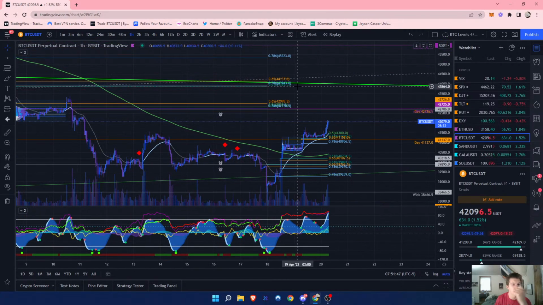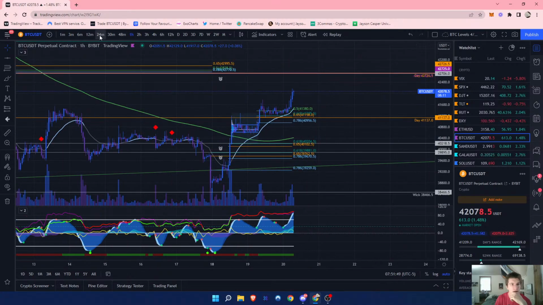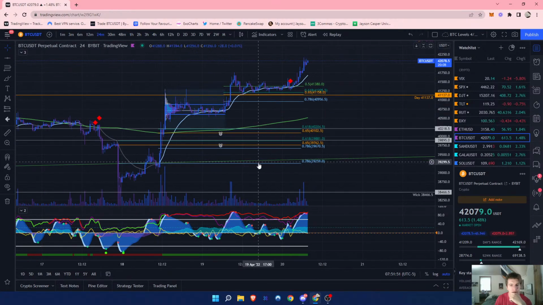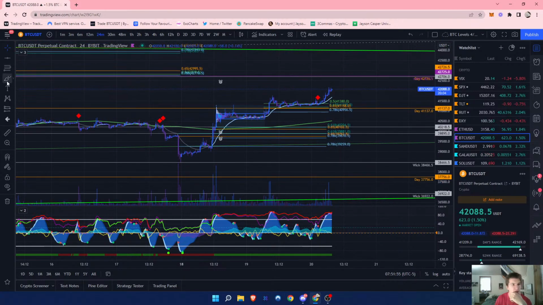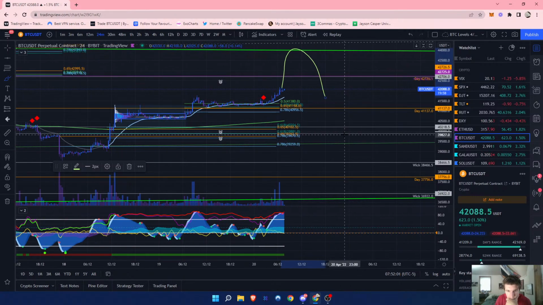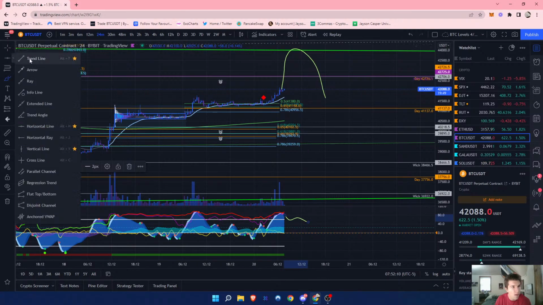Anyways, here's short number 2 I'm looking at. This could be more of a day trade, so 24-minute. It is up there a ways, so what I'm looking at is, of course, price coming up, rejecting, and then momentum kind of doing that.